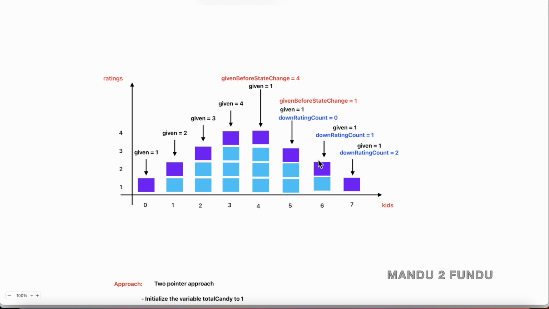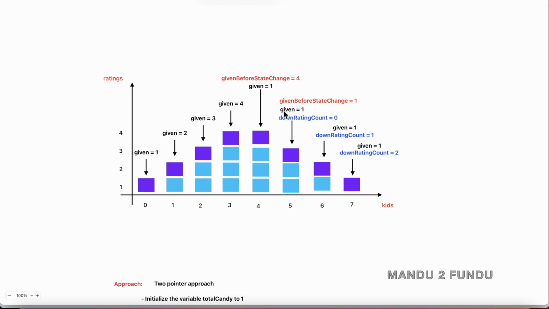And then immediately we see the trending down. So in that case again we reset that given before state change variable with the number of candies given to the previous kid, which is in this case 1. So that's why the given before state change variable is updated with 1.